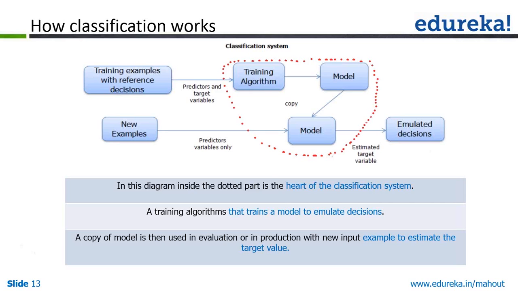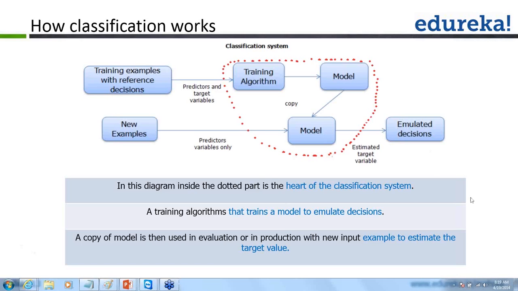And in real classification problems, this model is reinvented again and again. Once new examples come and the model generates outputs, this same set of outputs is loaded back into the system. The training algorithm will regenerate the model, and this model will again come as a production model. So it's a never-ending process, and you should take care of your model updation on a regular basis, checking whether your model is updating or not.